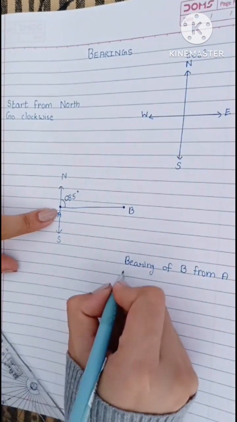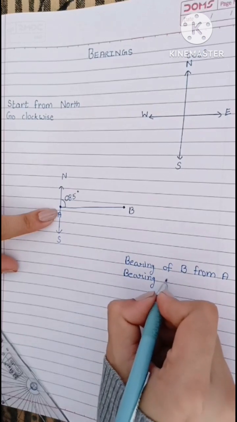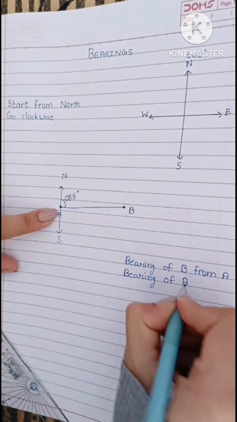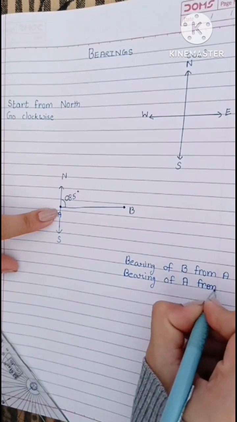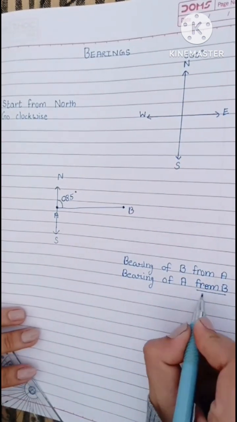Now, if you want to find out the bearing of A from B, look at the statement: from B.